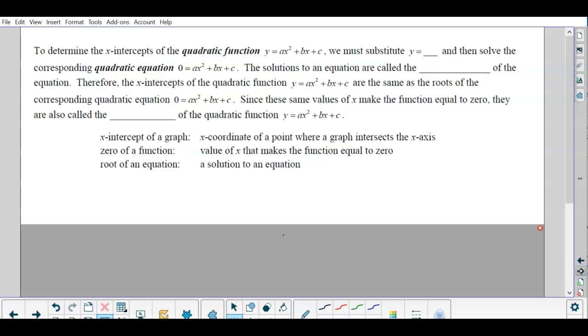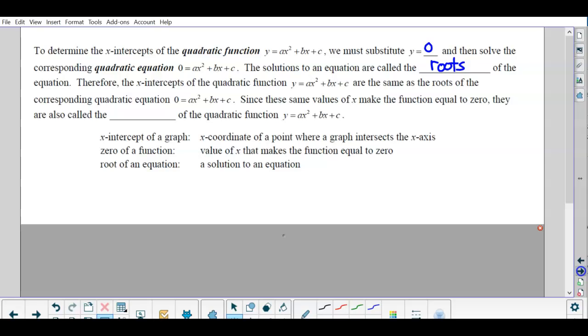So, to summarize here, to determine the x-intercepts of the quadratic function, we must substitute y equals 0, and then solve the corresponding quadratic equation. The solutions to an equation, you can call them solutions, but they're also called the roots of an equation.